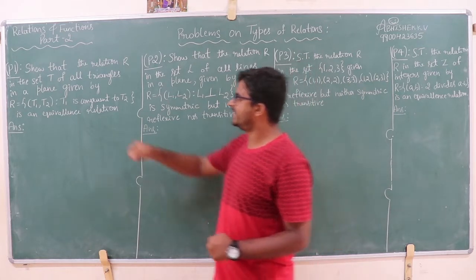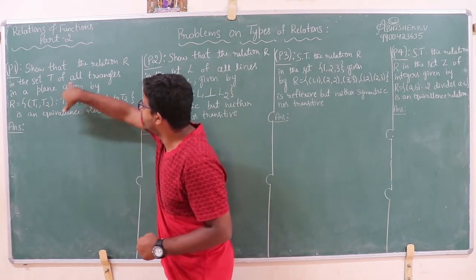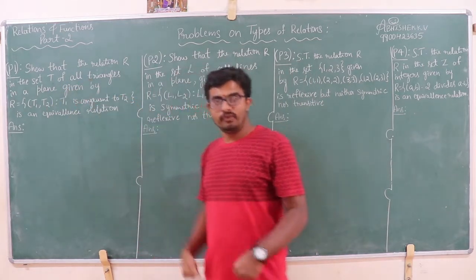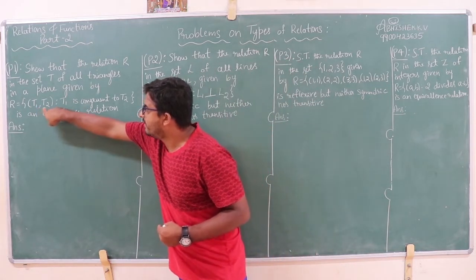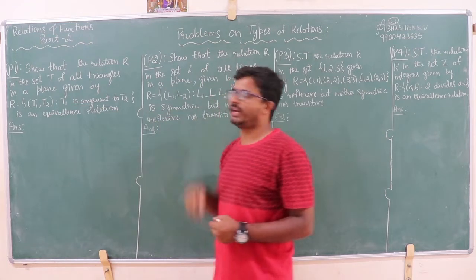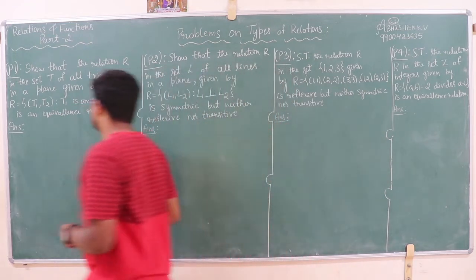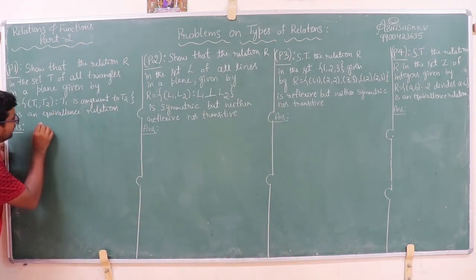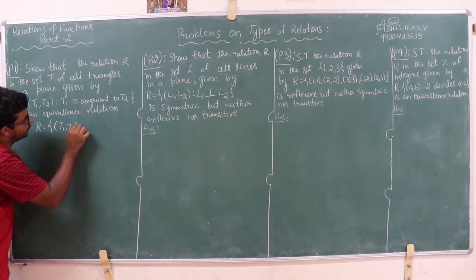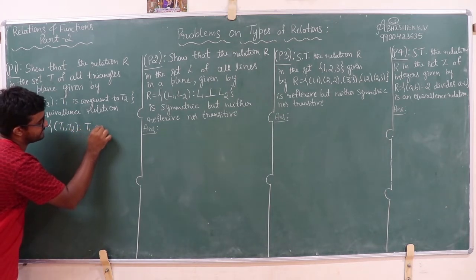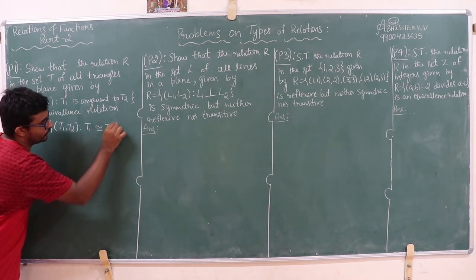What is the basic set here? Here the basic set is the set of all triangles and we need the relation. What is the relation? It contains the ordered pair T1 and T2, where T1 is congruent to T2. Yes, let's see. Consider the relation R, T1 and T2, T1 is congruent to T2.